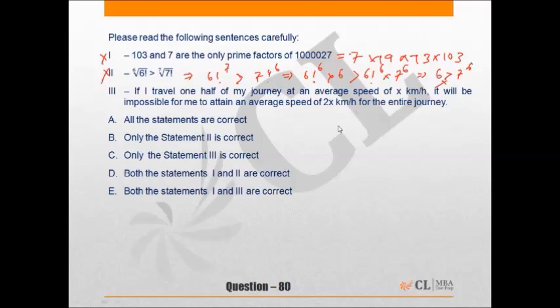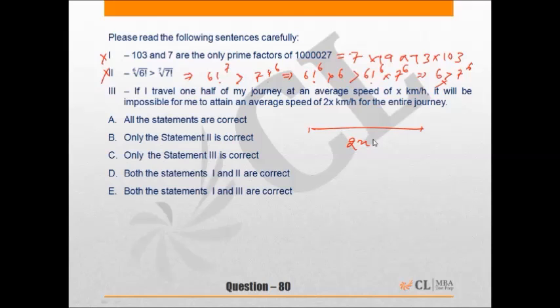Come to the last statement. If I travel one half of my journey at an average speed of x km per hour, it will be impossible for me to attain an average speed of 2x km per hour for the entire journey if the length of journey is twice of x.